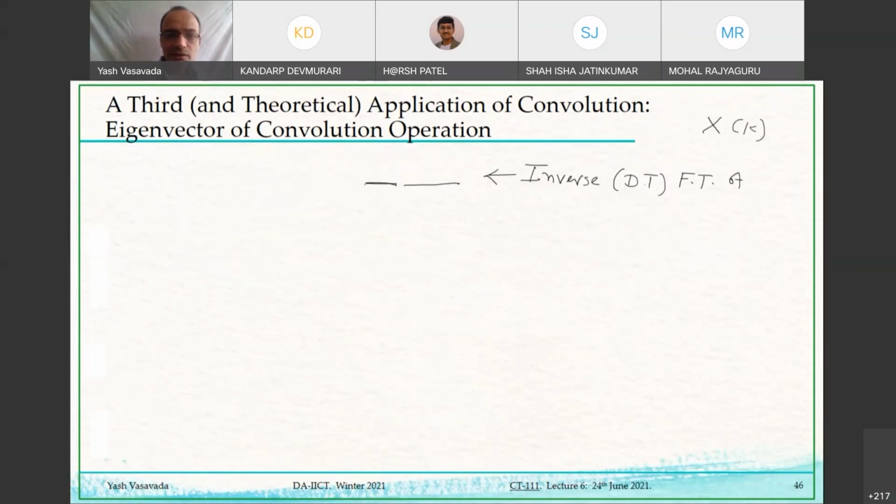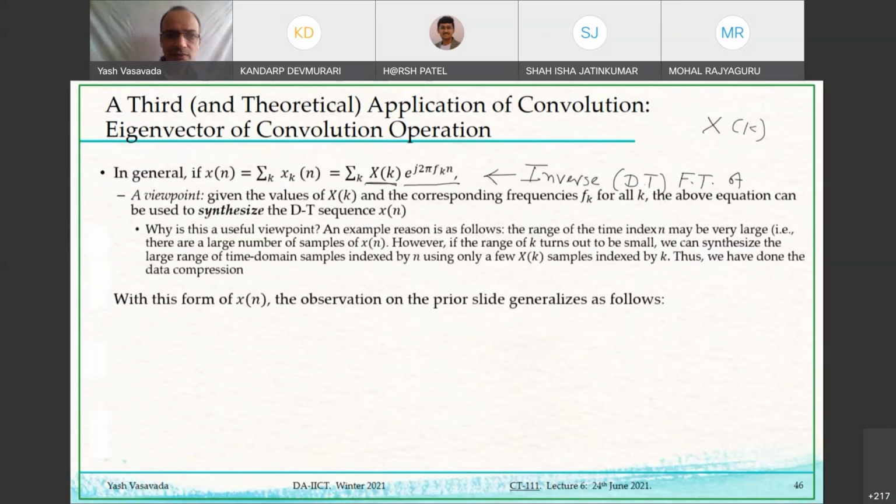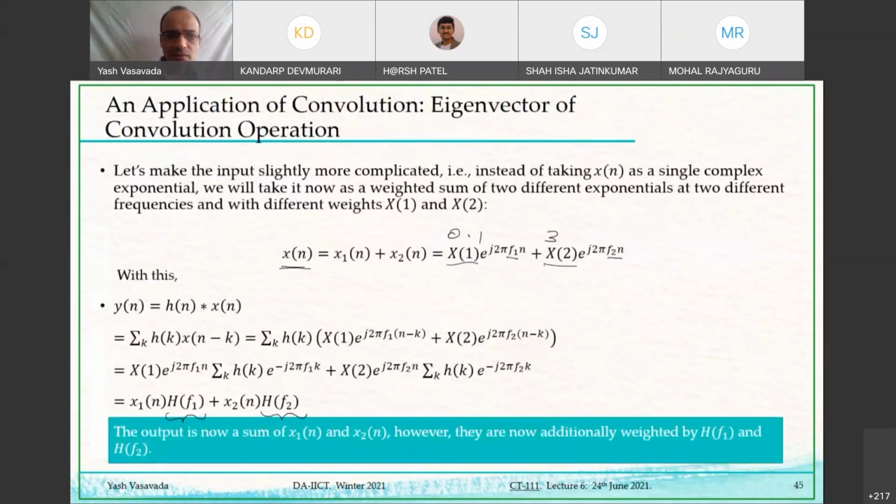When I did it for two terms, I got this result at the bottom of the slide. Each of the complex exponential functions, which was getting weighted by x of 1 before and x of 2 before. Right? F1 was getting weighted by x1. F2 was getting weighted by x2.